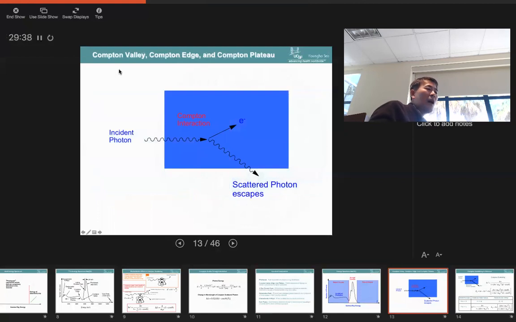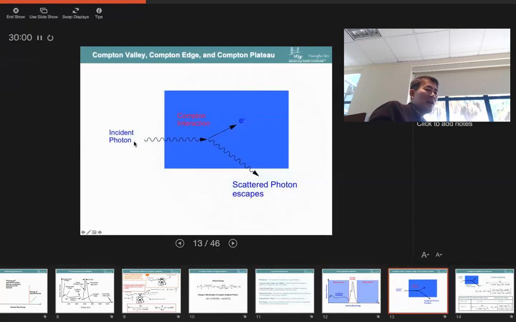Compton scattering happens a lot of times. It's a very common event in the radiation detector. So what if an incident photon comes into the radiation detector, the scintillation material, and Compton scatter happens? Some recoil electron is still there, and the electron is usually absorbed.